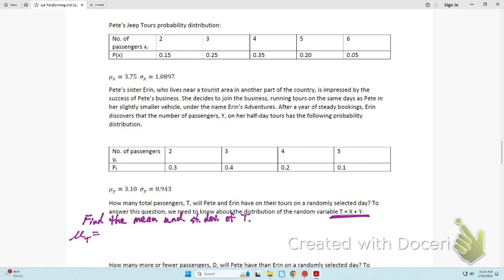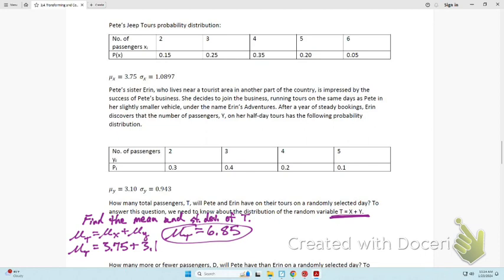We're going to plug in the mean of x and the mean of y. So if you want to write this line right here, you can. But here's how we do it. We plug in 3.75 and 3.1, add them together, and we know the mean of t is 6.85. And that is it for the mean.